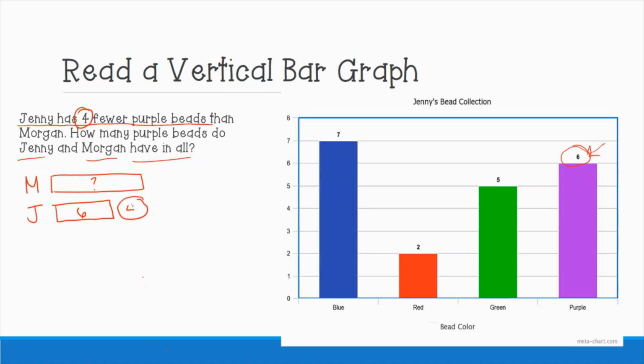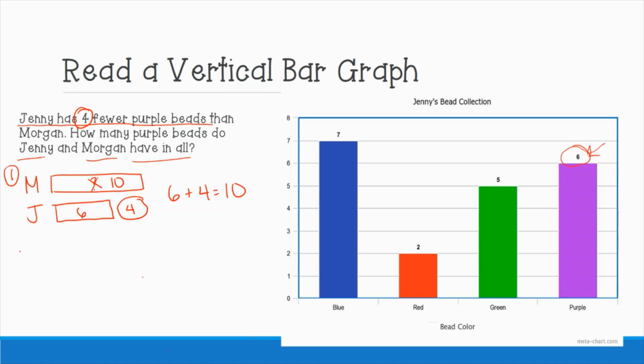So the difference between both numbers is 4. Now I can write an equation to represent these comparison bars. I have 2 add-ins, so I'm going to add them together, and 6 plus 4 is equal to 10. So Morgan, we now know, Morgan has 10 purple beads.